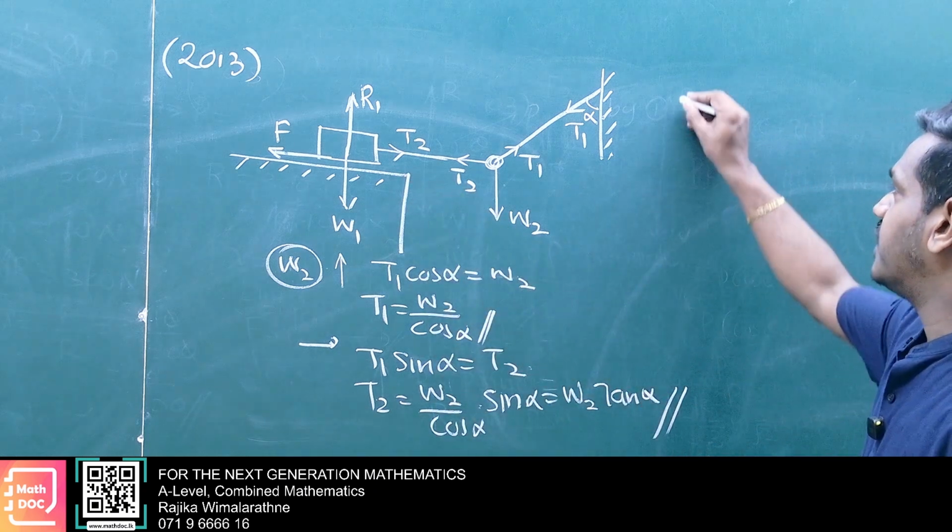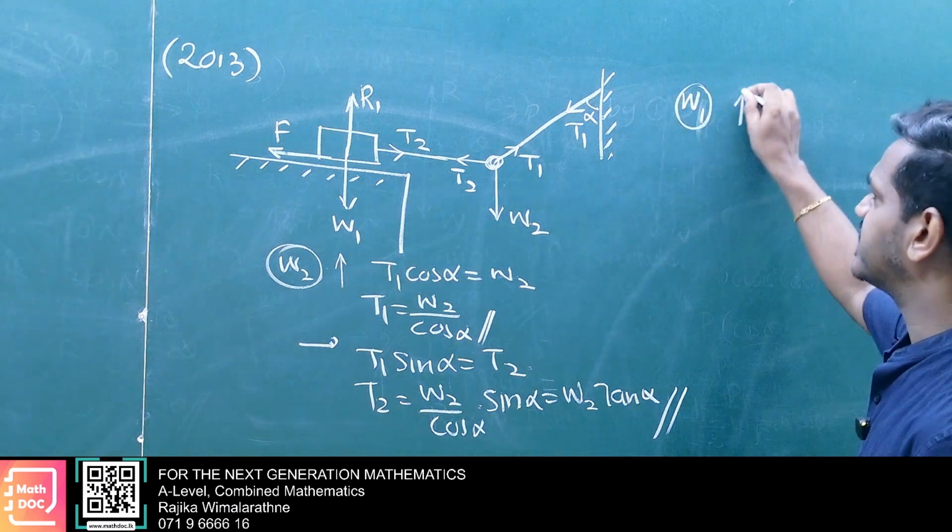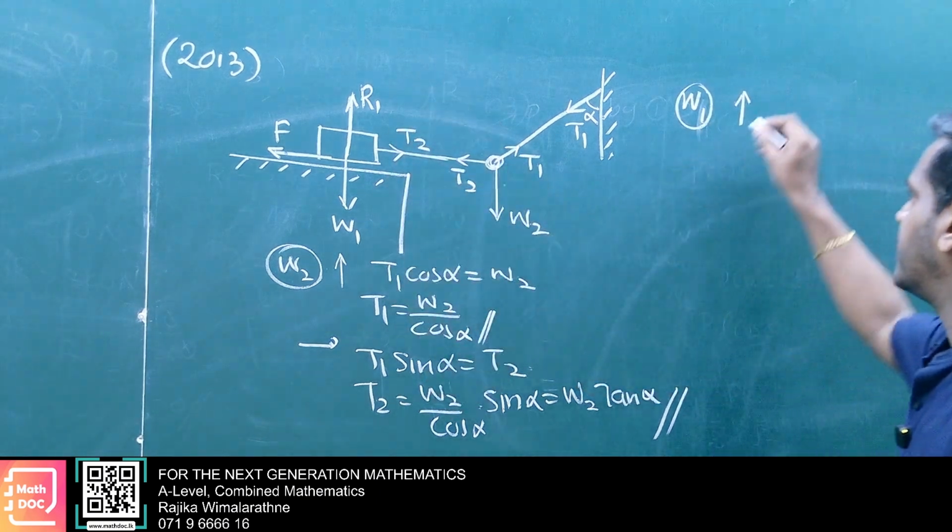Now go to W1 load: resolve vertically, R1 equals W1.